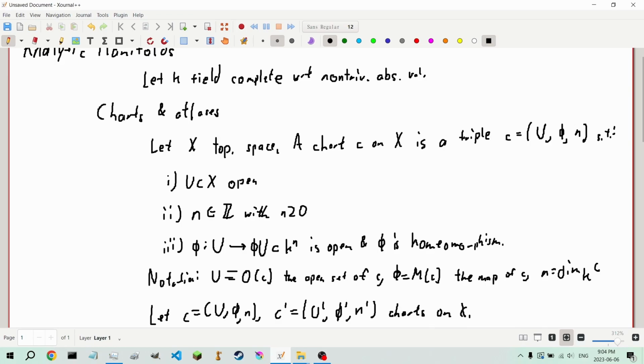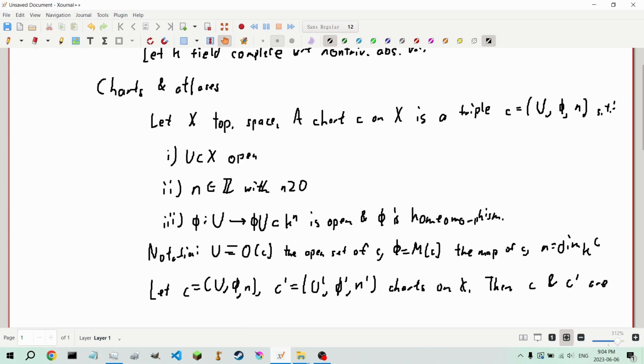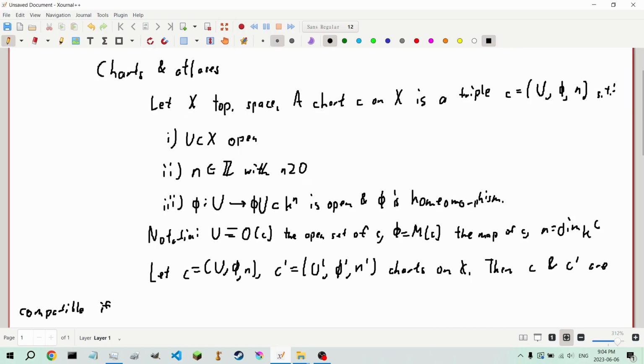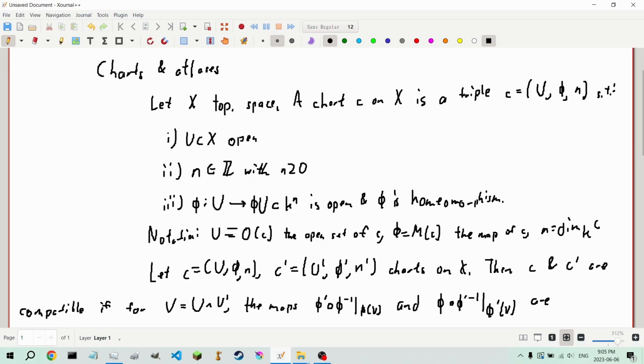Charts on X. Then C and C prime are said to be compatible if, for V being the intersection of U and U prime, the maps phi prime composed with phi inverse on the image of V, and phi composed with phi prime inverse on phi prime of V are analytic.